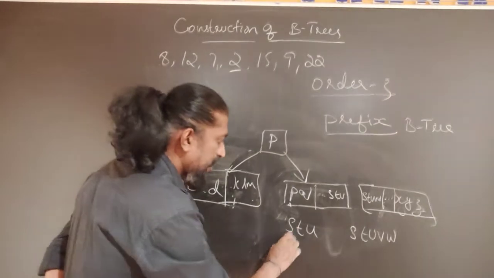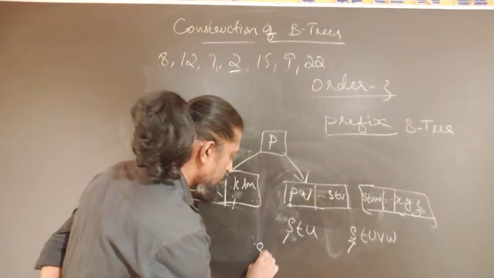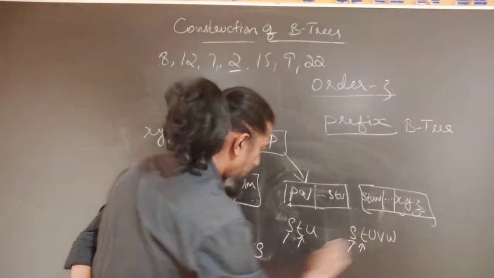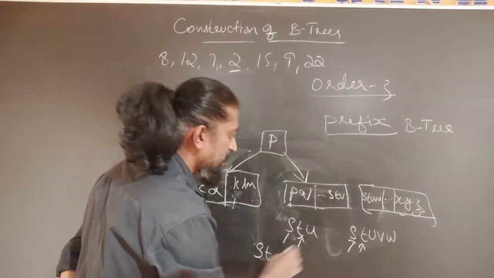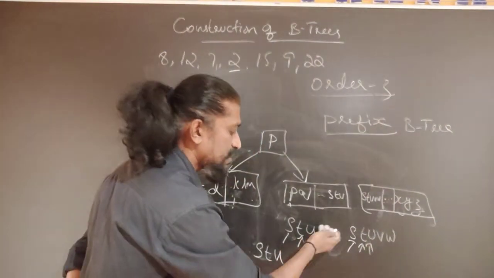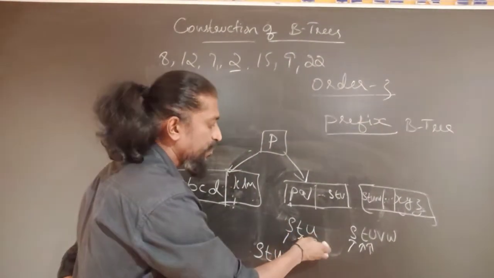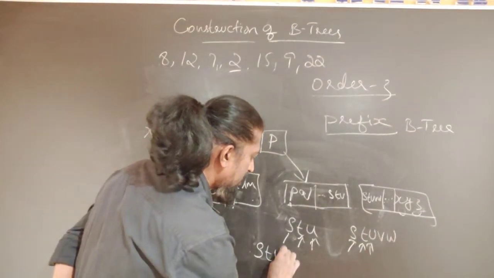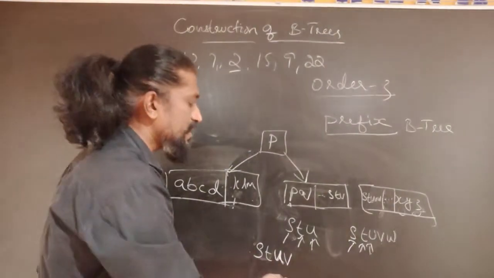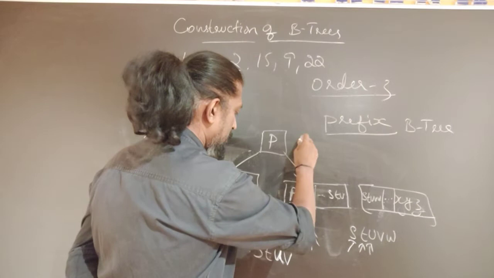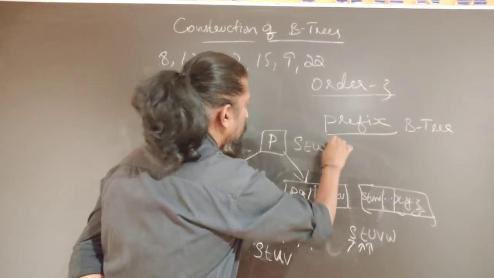We compare S and S, both of them match, so the prefix will include S. Then T, both of them match, so T will be included in the prefix. U and U will be included in the prefix. Now this key got exhausted, so we will take the next key, that is V, and STUV will become the prefix using which we can differentiate between this block and this block, and STUV will be included in the root node.